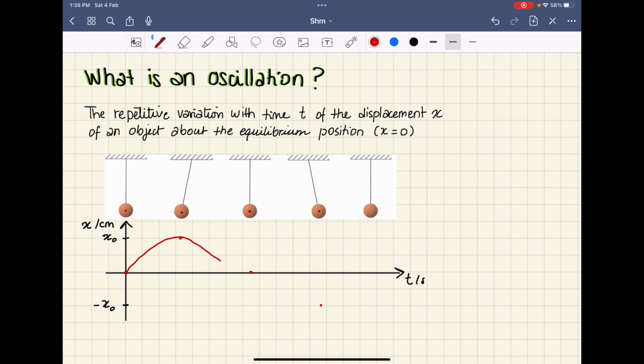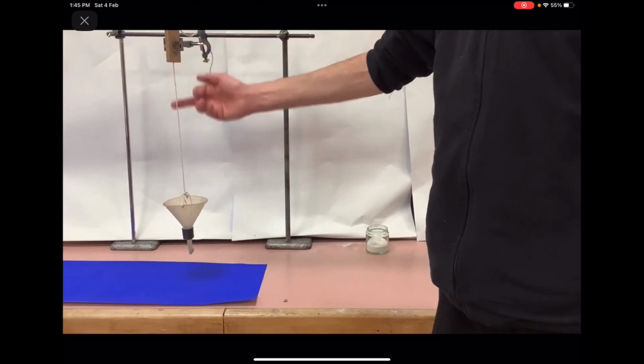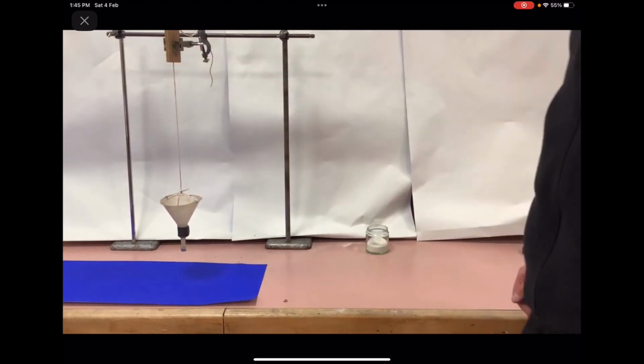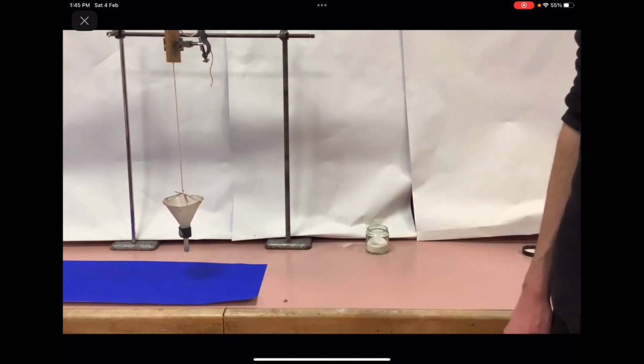The variation will look something like this. This represents one full cycle, called the period, denoted as T, in seconds.